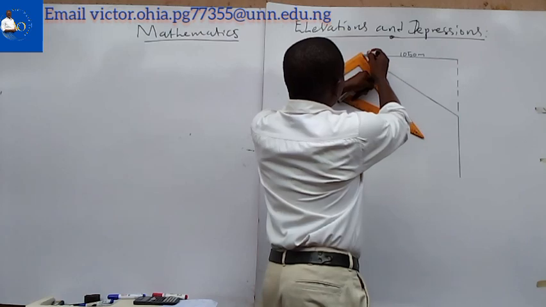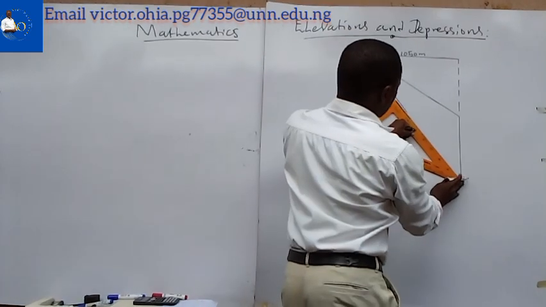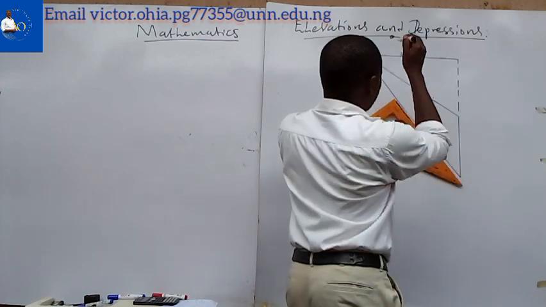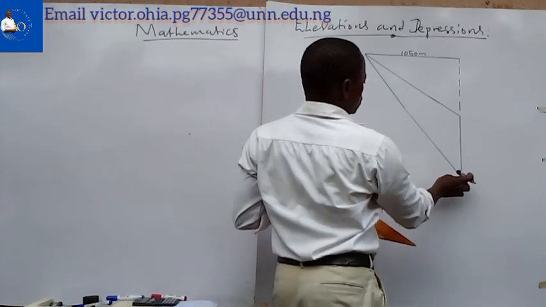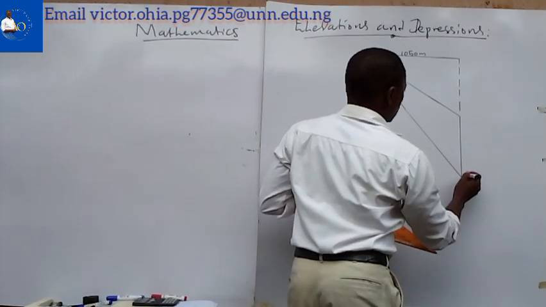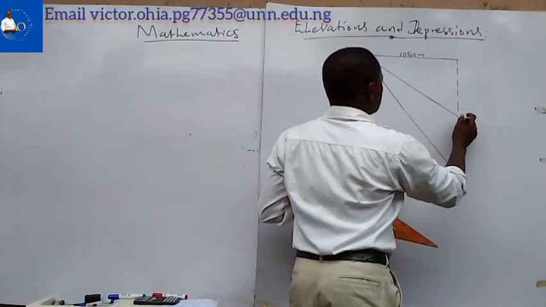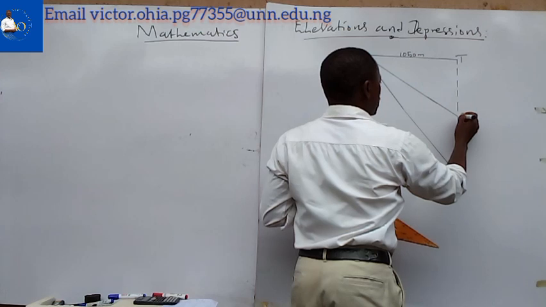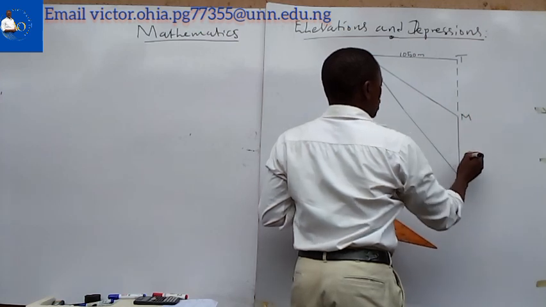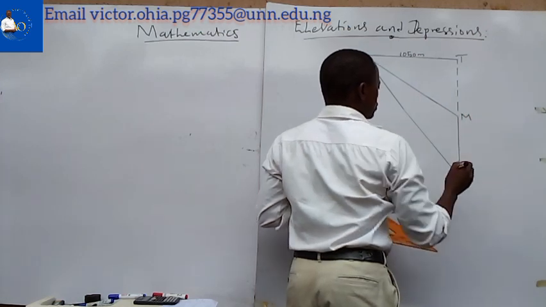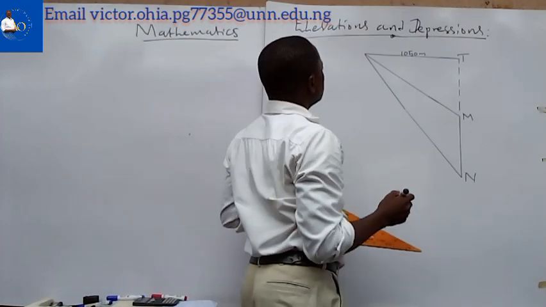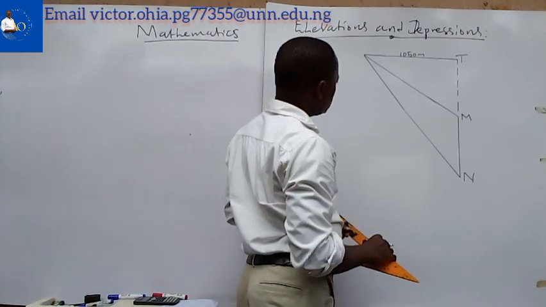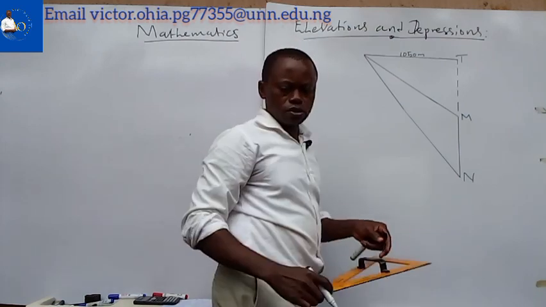So we have to put up another line to join the base of this control tower. So this is the base of the control tower, and let me label here capital T, and somewhere here M, and somewhere here N.